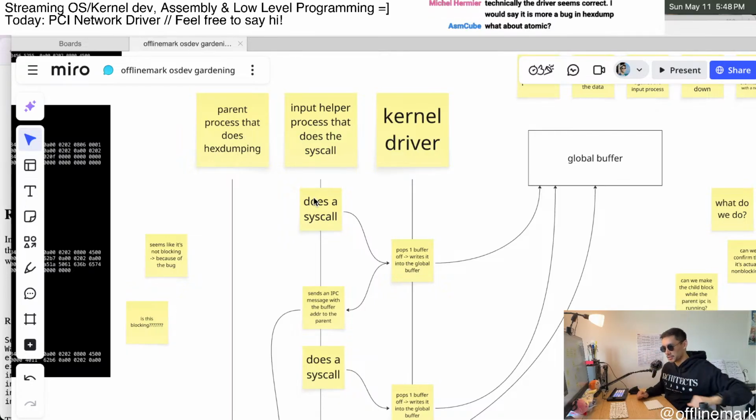So let me get to these questions. Someone is asking, why not TCP? Yeah, there are so many reasons. We don't even have TCP at all right now. TCP is way more complicated than UDP.